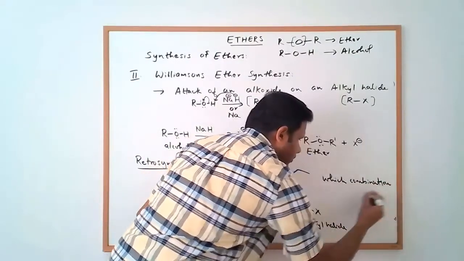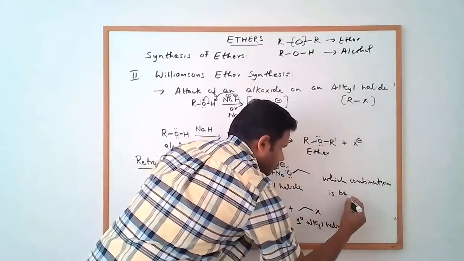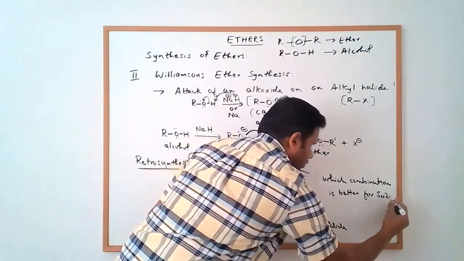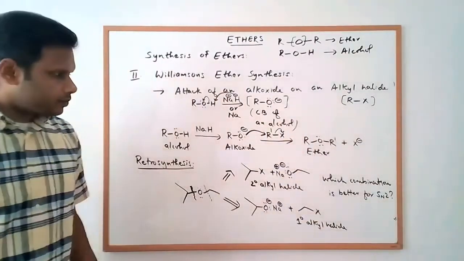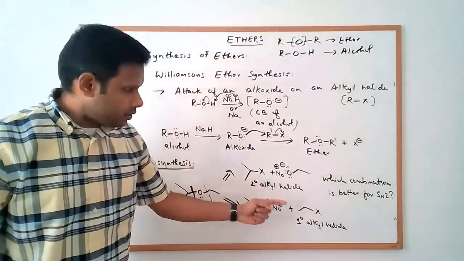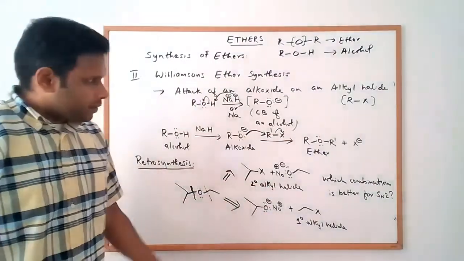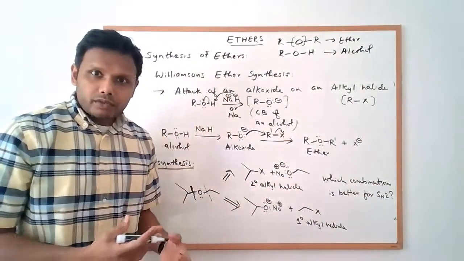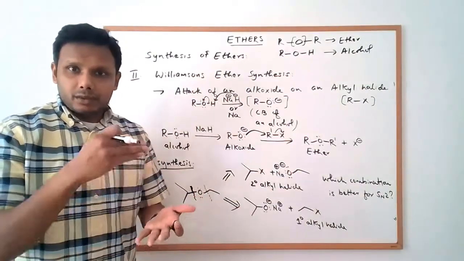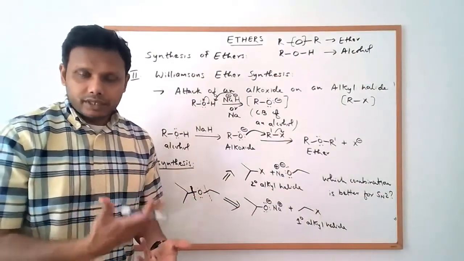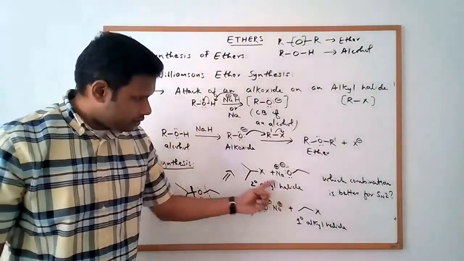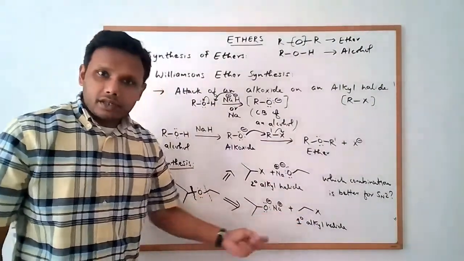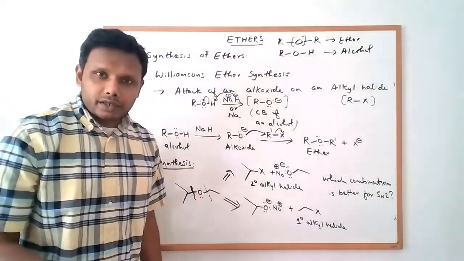And so now the question is, which one of these two combinations is better for SN2? Is it the first one or is it the second one? As we just said, SN2 reactions work best with methyl halides, and the next alkyl halide that will do it best is the primary alkyl halide. So between the two alkyl halide possibilities here, the primary alkyl halide is going to give us a better SN2 reaction.